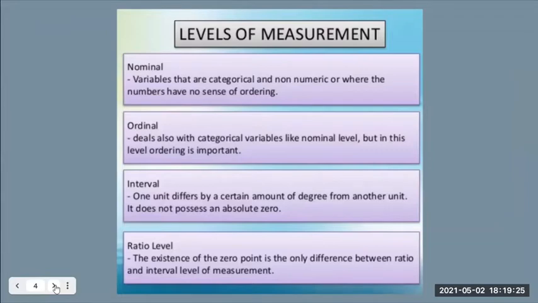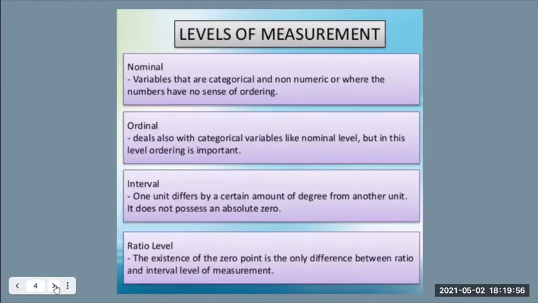It doesn't use any number, just solely the names. Next, we have the ordinal. The ordinal also deals with categorical variables like the nominal level, but in this level, ordering is important. So in ordinal, the natural order is valued.